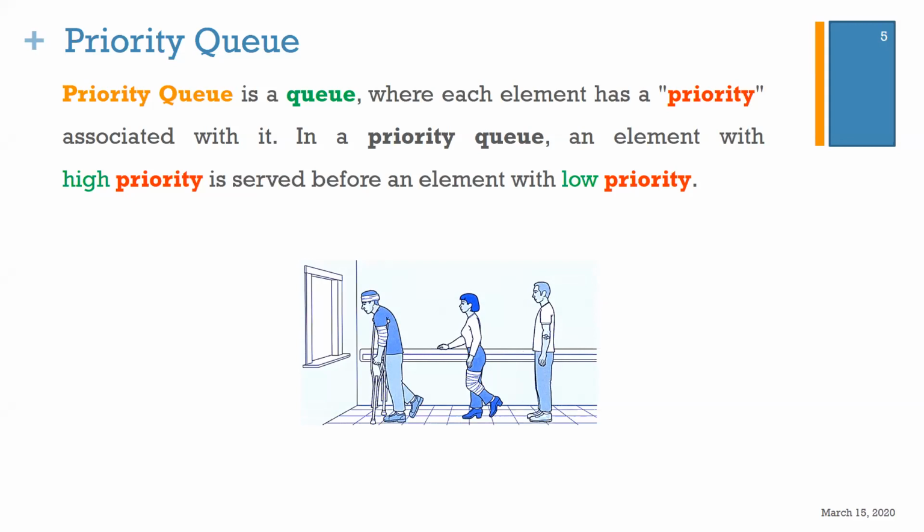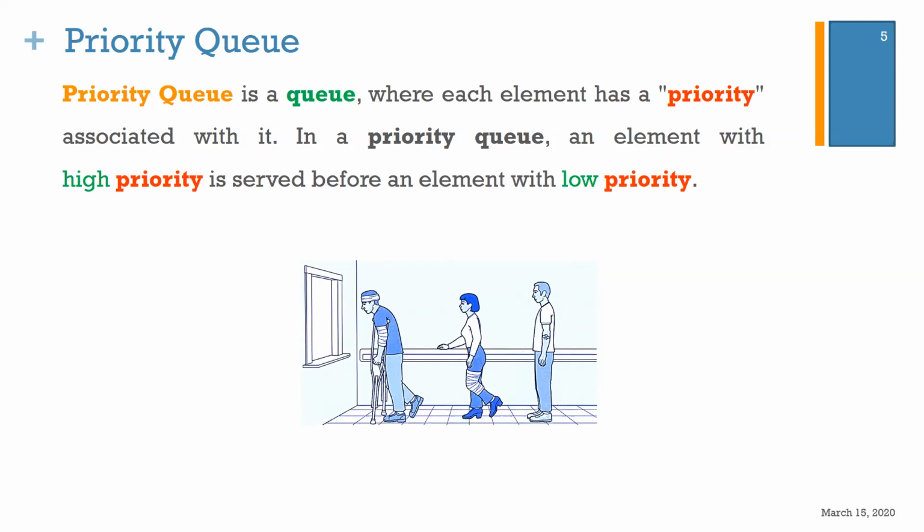The priority should be an integer, for example 0, 1, 2, 3, 4, 5, 6 and so on. If we have three elements with keys 3, 4 and 5, the highest priority is 5, so the element with 5 should be served first.